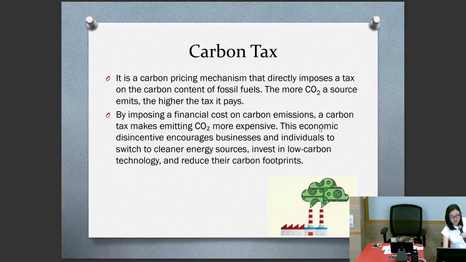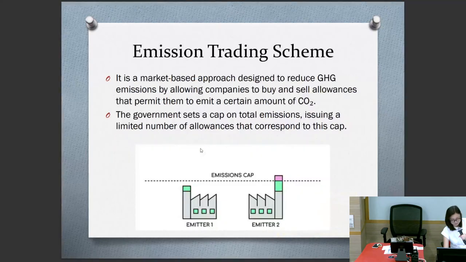This economic disincentive encourages businesses and individuals to switch to cleaner energy sources, invest in low carbon technology, and reduce their carbon footprint. The ultimate objective is to persuade people and organizations to utilize clean technology to reduce carbon emissions.